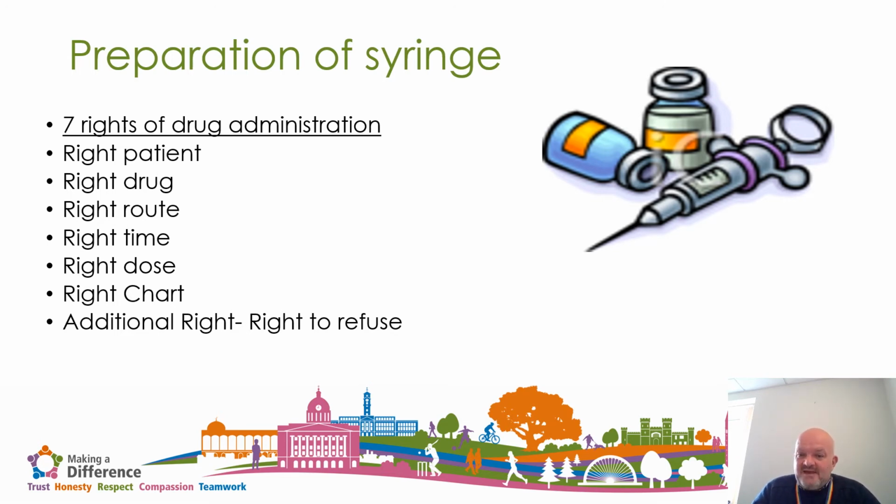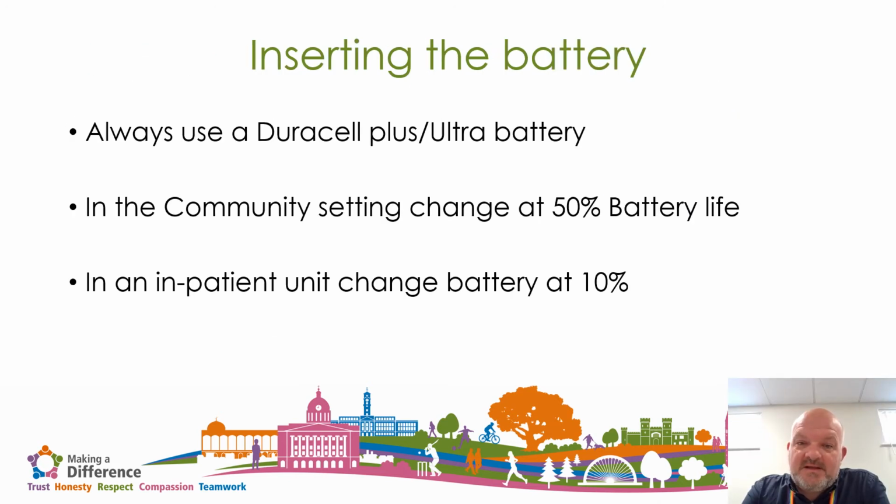But whatever it is, if they refuse, even though we may think that's not the right decision, that is their decision. And as long as they have capacity to make that decision, then we need to go along with that and explore that further. So this is the slide about actually inserting the battery, obviously before we turn on the machine.